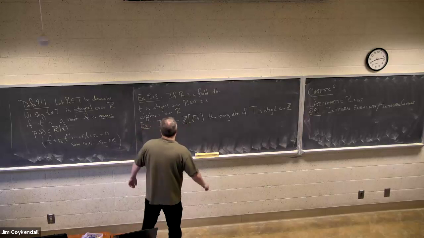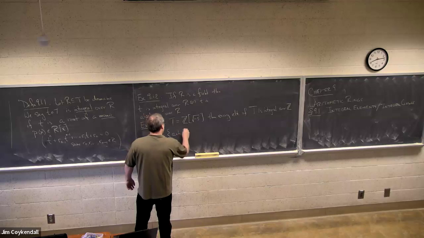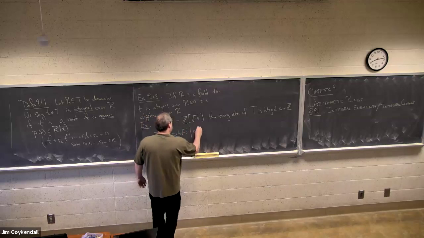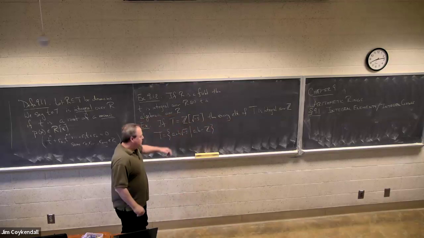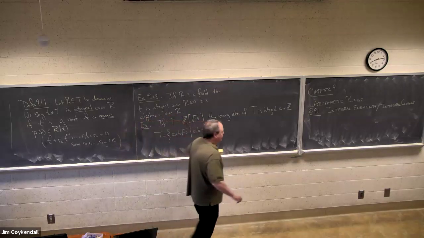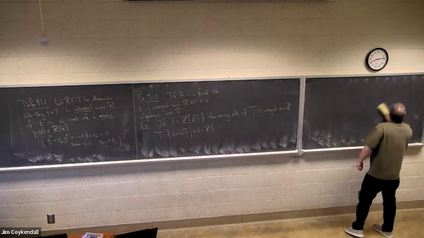Let me make clear what this is. This is all integer combinations of 1 and the square root of -5.